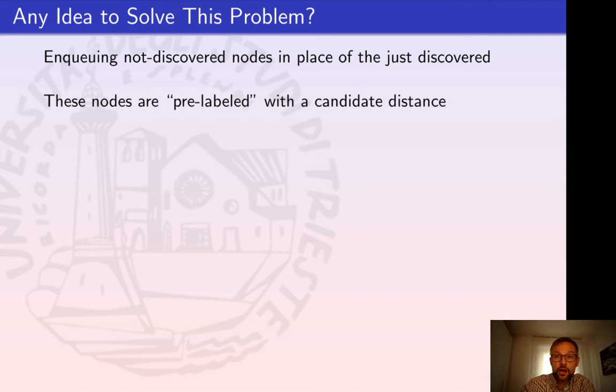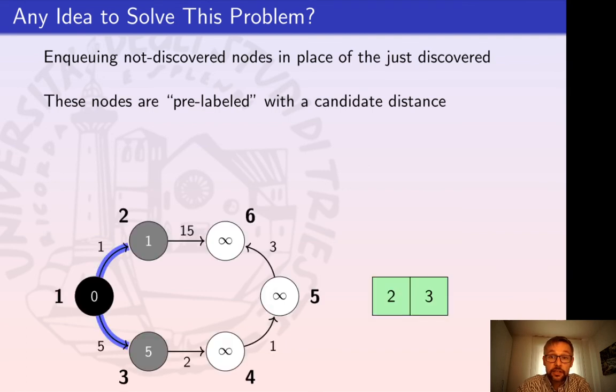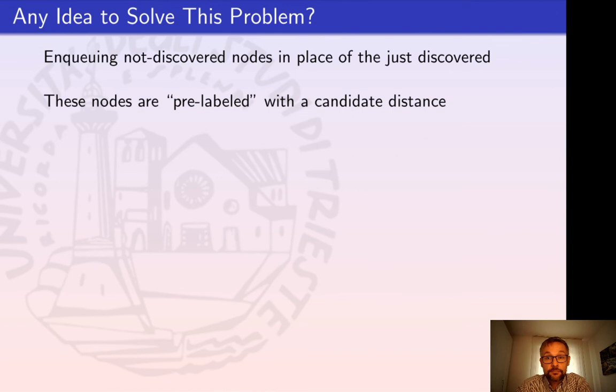For sure, every possible path moving from the source up to that node has a length which is greater or equal to the one we have just set. So that distance could be finalized, and that's all.